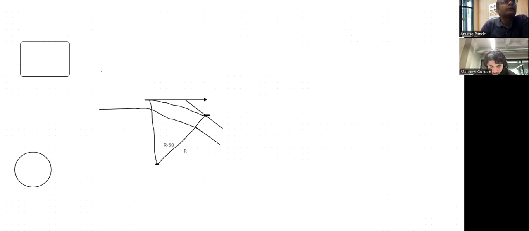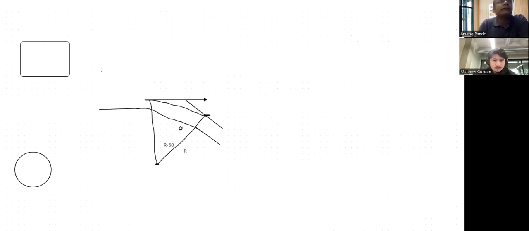Let's say your monument was located here, with the star as the monument. Is it interfering with the right of way? Is it inside the right of way? No, it's not, because your right of way ends here.